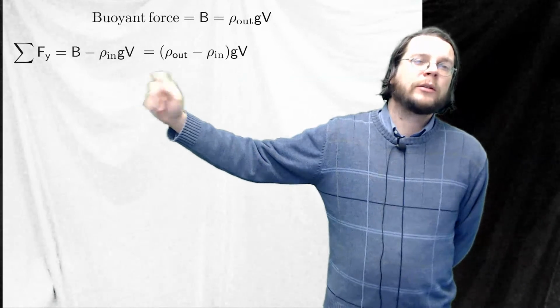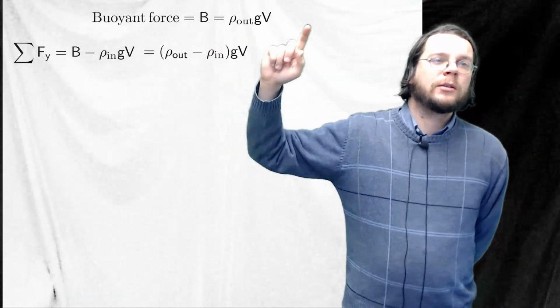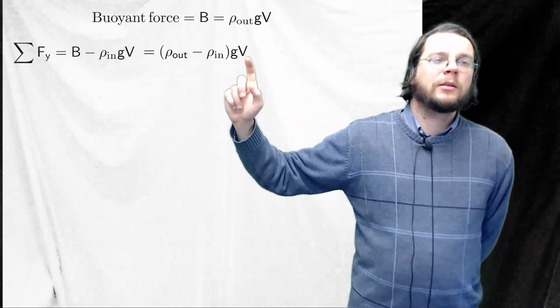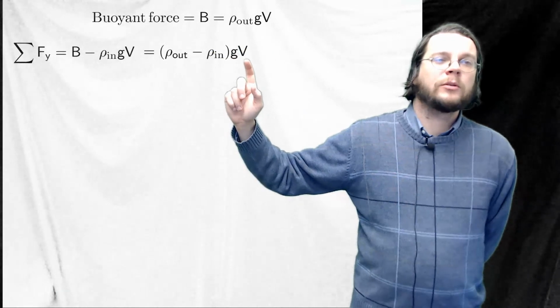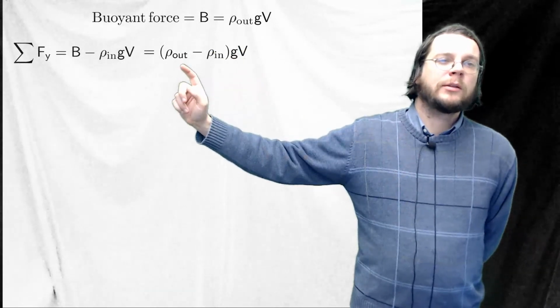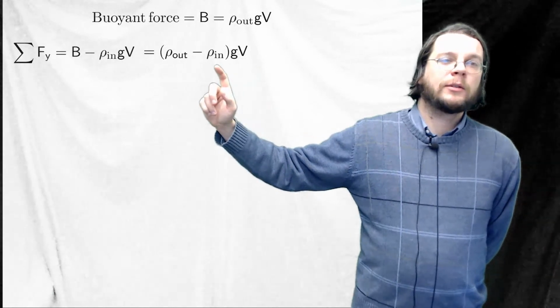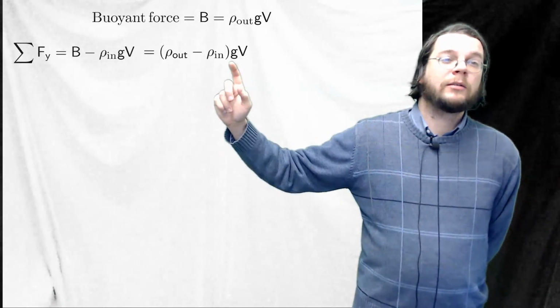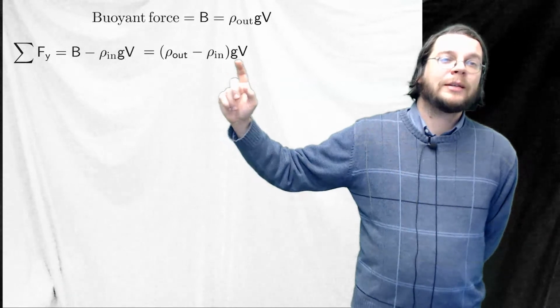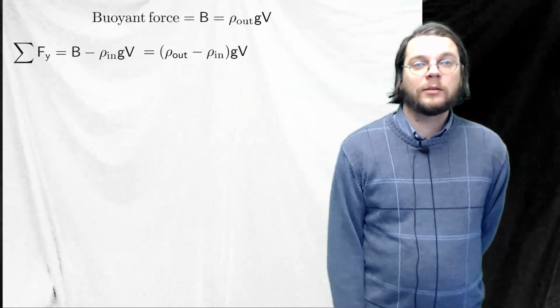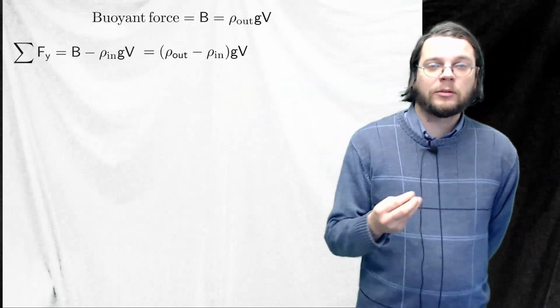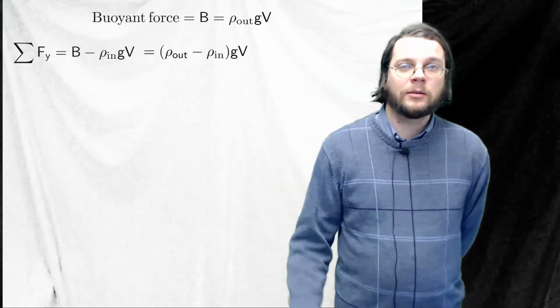But for now, this is just a thing to do. And since this is the buoyant force, the net force upwards is going to be the density of the cold air minus the density of the air that's inside of the hot air balloon. Now the air inside of the hot air balloon is the hot air, and that's going to be less dense because, again, the pressure is approximately the same on the inside as the outside.